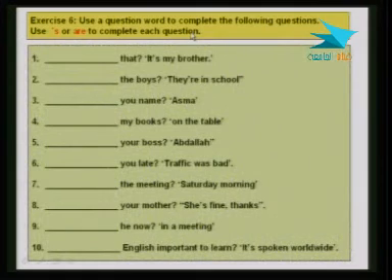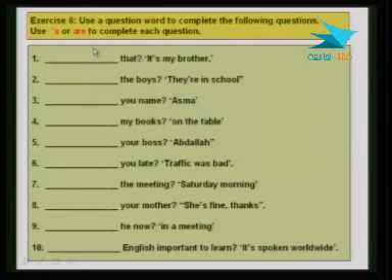Okay, this is about questions because we also have learned that in the previous session, in session number 7. Now, you have an answer here, okay? Look, it's my brother, right? So use a question word.